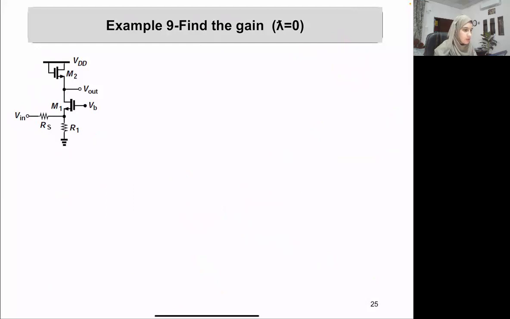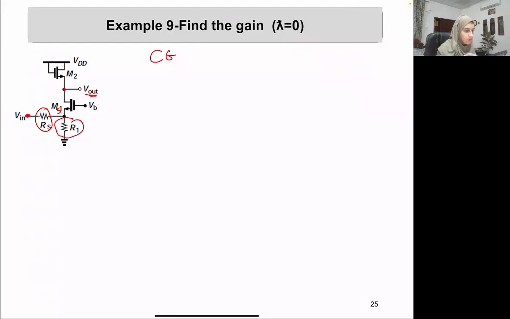Okay, let's see this example. So the input is applied at the source of the transistor, here the source side, and the output is taken from the drain. This makes it a common gate, but you can see that there is an input impedance or a source resistance, and there is R1 too.